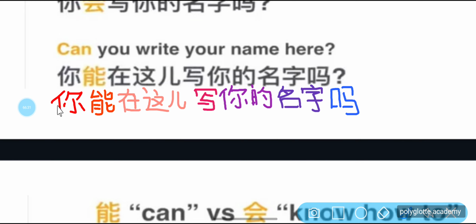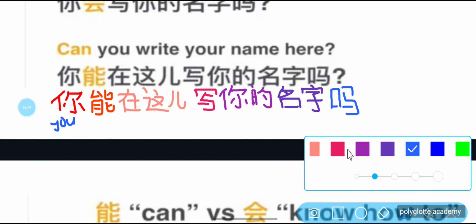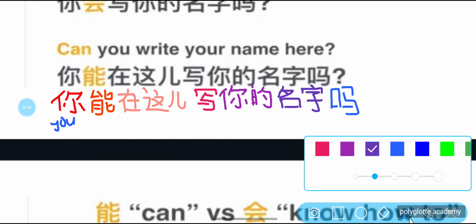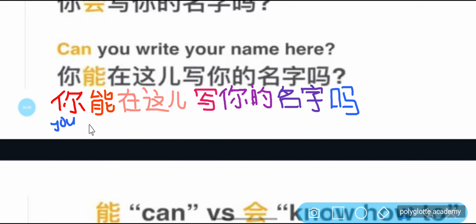So let's start giving a word-for-word translation and writing them down. So ni, which is you. Neng, which is expressing possibility, so can.